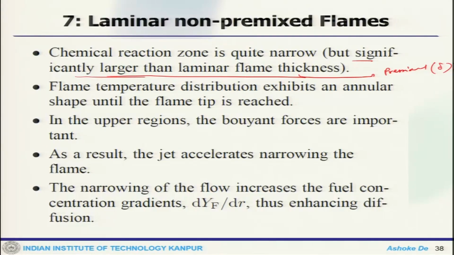Now, flame temperature distribution also exhibits an annular shape until the tip is reached, and in the upper side of that, the buoyant forces are quite important. So, what it does, the jet accelerates, narrowing the flame, and narrowing the flow increases the fuel concentration gradient. That in turn enhances the radial diffusion.